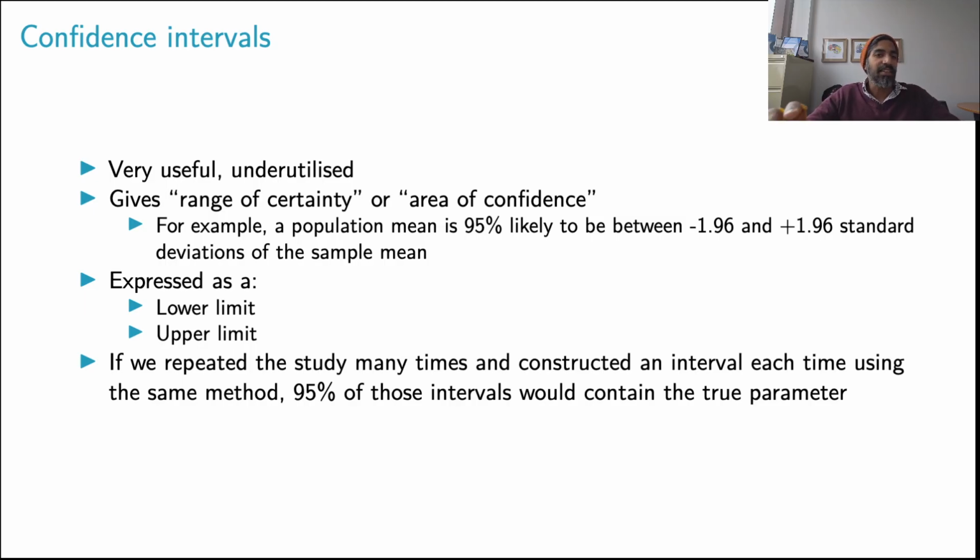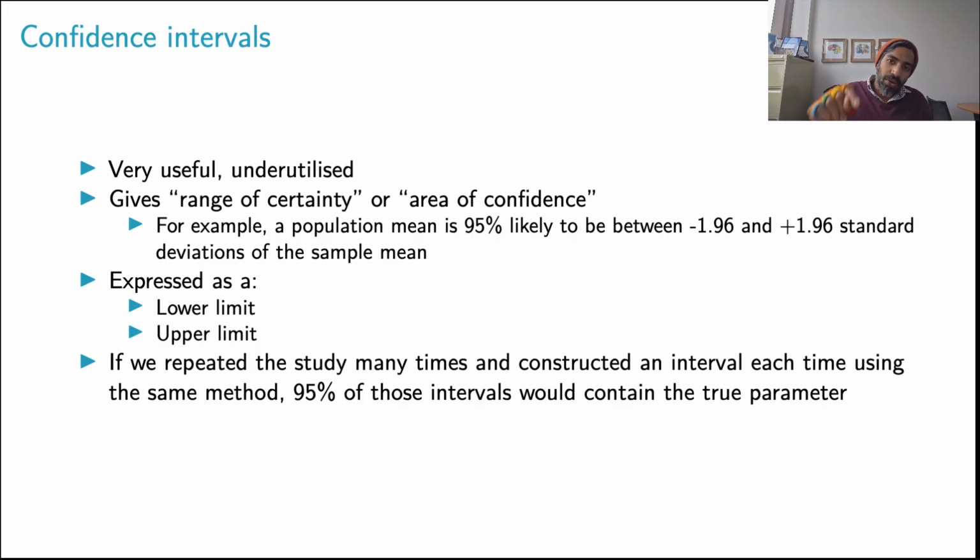A confidence interval is expressed as a lower limit and an upper limit. But to truly interpret a confidence interval: if we repeated this study, say 100 times, many times, and constructed an interval each time using the same method, 95% of those intervals would contain the true parameter.